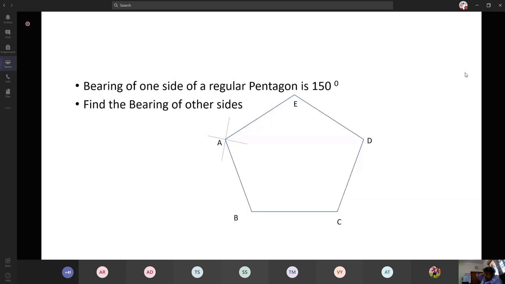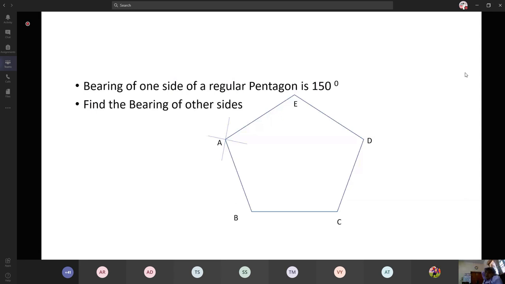Right. The bearing of DE is 294. So what is the bearing of ED? 294 minus 180 is 114.